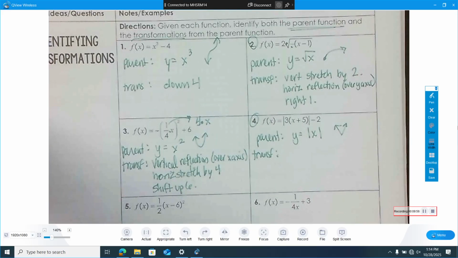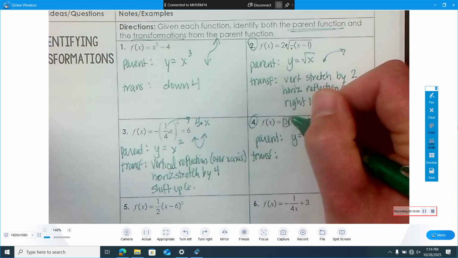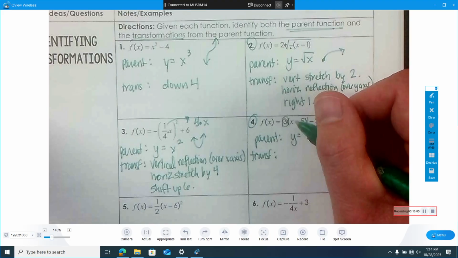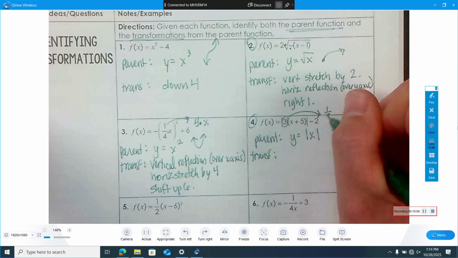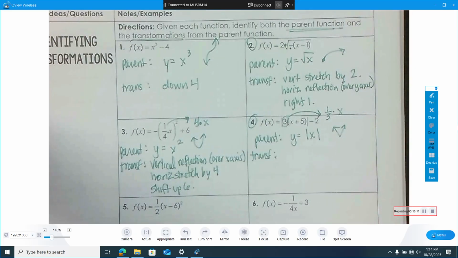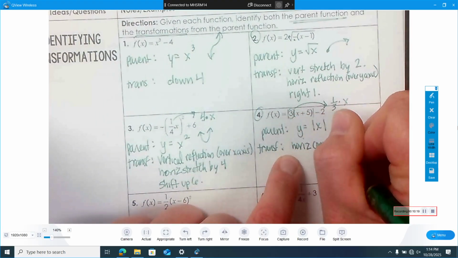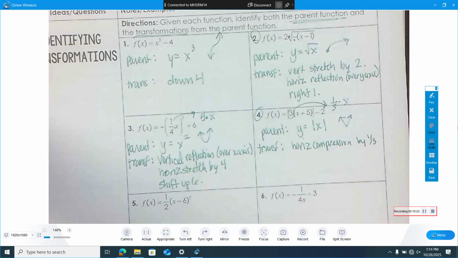And so again, everything with x is kind of crazy, it doesn't actually multiply the x values by 3. What's it going to do? It's 1/3 times the x value. It's actually taking those x values and dividing them by 3. It's shrinking them. And so this is a horizontal compression by 1/3.